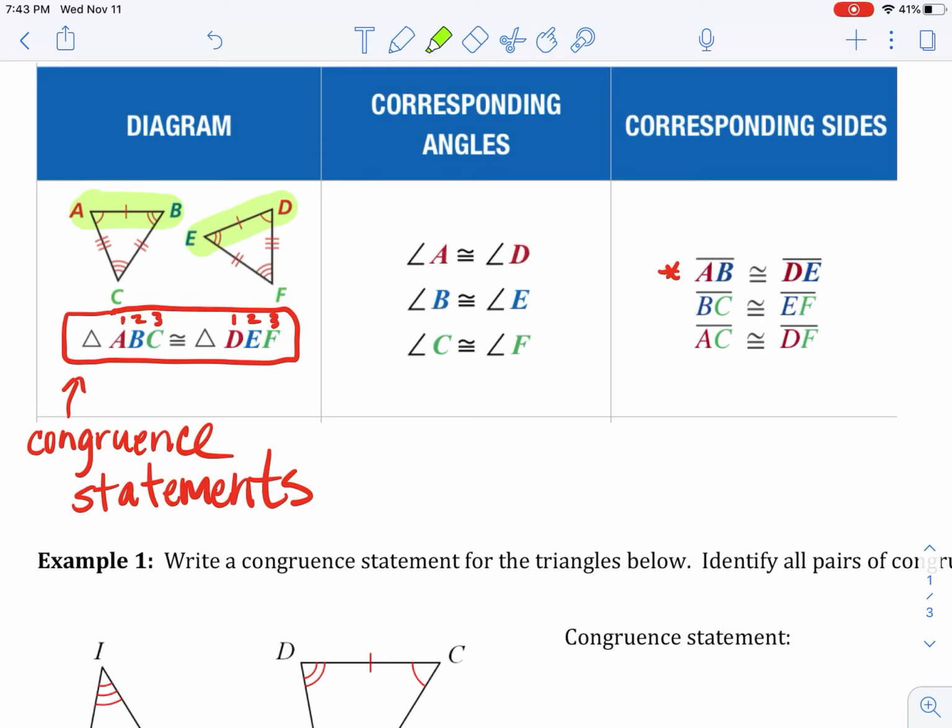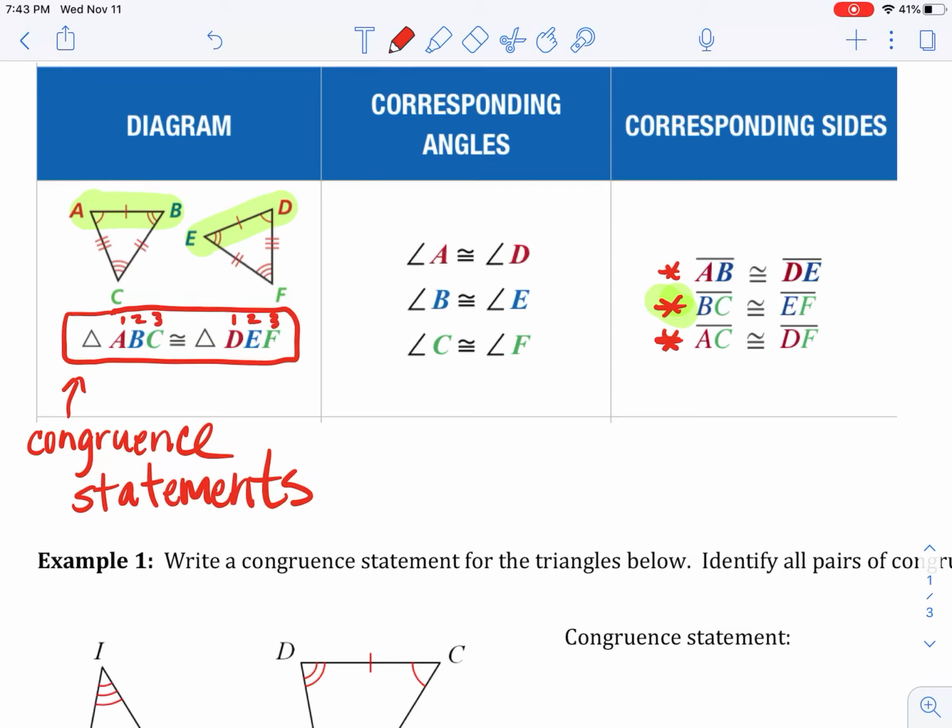As we move over and look at the next two positions, notice the B is the second letter they wrote, and the C is the third letter. In the second triangle, they wrote E second and F third. So because they're both in the second and third position, that means BC is congruent to EF. And then finally, A and C are in the first and third position, and so are D and F. And so we would write those and say that they are congruent to each other.